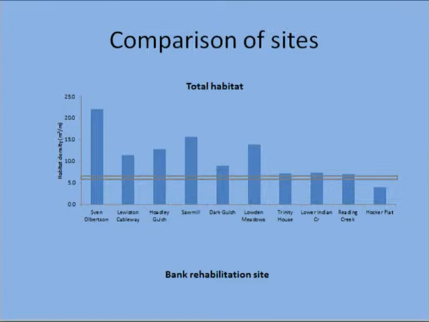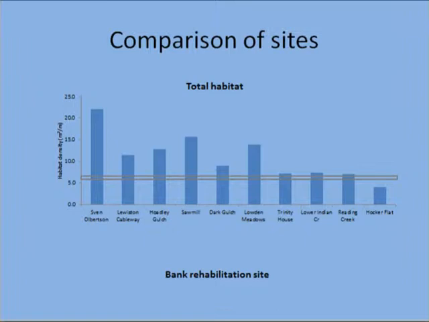So as I said, we've been doing this for years now, and we've looked at a lot of sites, and we're able to see which sites have created more habitat and which sites haven't performed as well. And to do that, for this graph in particular, we have to normalize the habitat. Each site is a different length, so we look at it as a habitat density, and we say, well, how much habitat can you squeeze in to have a certain length of river?